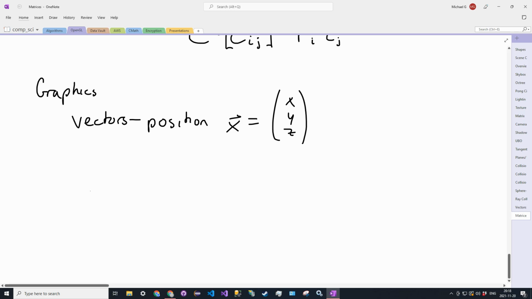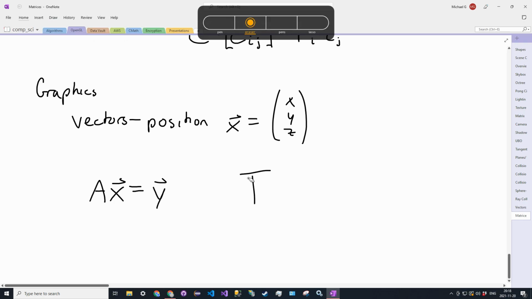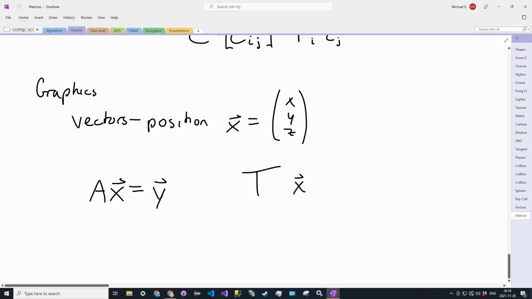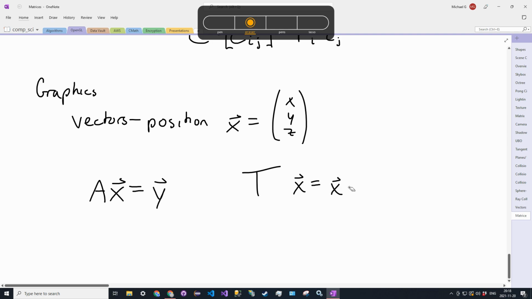So if we take a matrix A and multiply it by x, we're going to get an output of y, which is essentially our transformed vector. Now in more graphics terms, we're going to represent our transformation matrix as T times a vector x is equal to x prime, or the transformed vector.